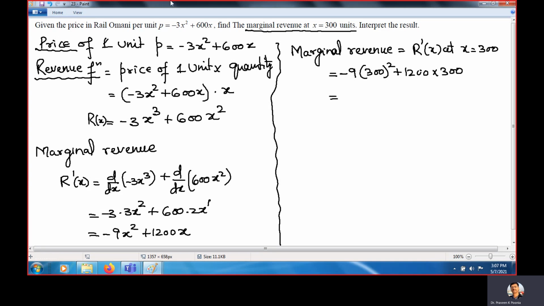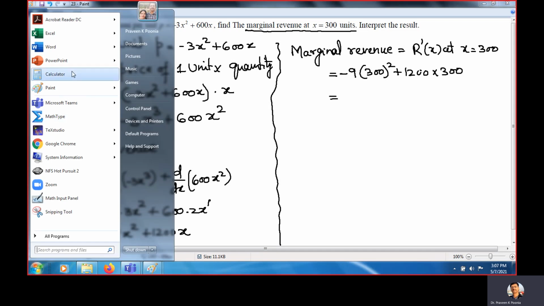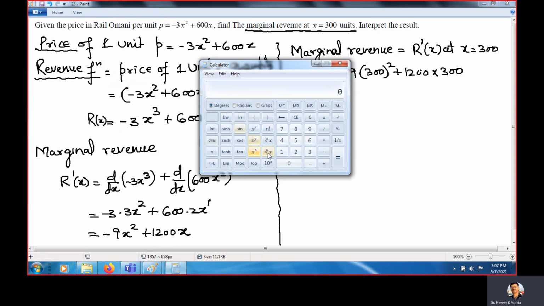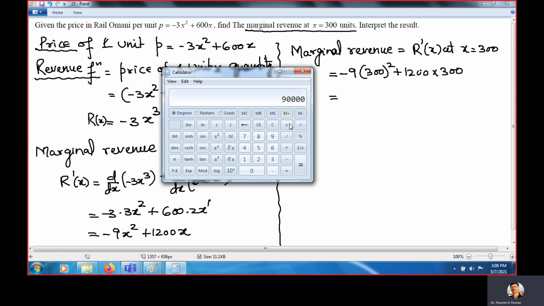If you simplify this using a calculator, 300 square into 9 gives this number, and it is negative. And then plus, how much? It is 12, 3, 36, and how many zeros?